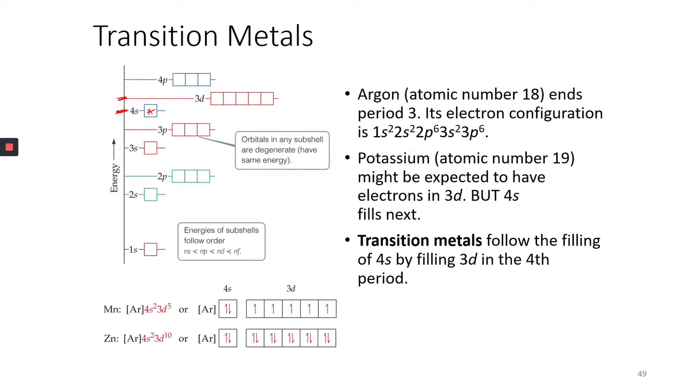So the transition metals are in the D block, so we're always filling the higher S before we fill the D. And because these energies are so close to each other, that's why the transition metals can have more than one oxidation number. Because you could lose electrons from the 4s or the 3d. That's actually just for the first row of the transition metals.